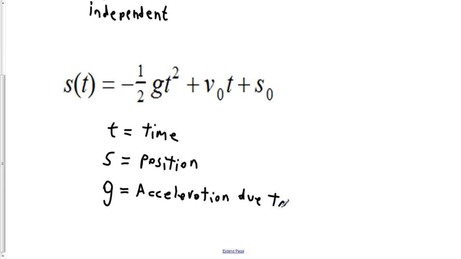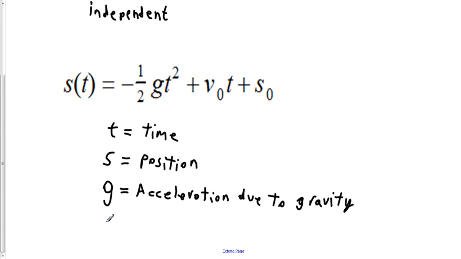We're going to have a few values for that, depending on whether we're dealing with the metric system or the English system. We're going to be dealing in feet and seconds, so this number is going to turn out to be 32.